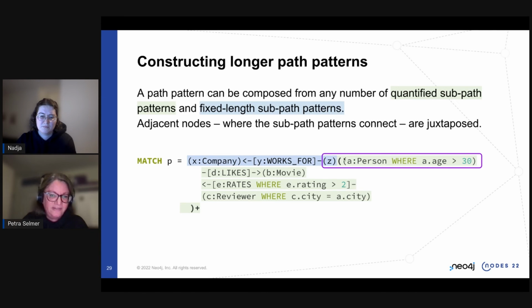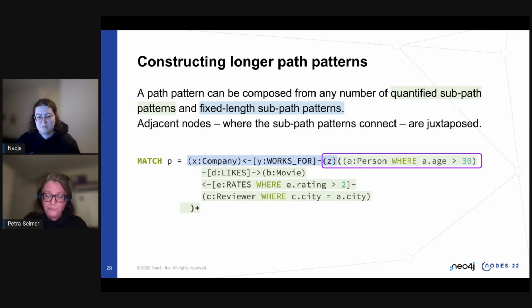But the caveat is that one or more of these node patterns needs to be inside a quantified path pattern. And effectively, that is required in order to anchor the path pattern. So what's going to go on over here, and we'll see an example in a short while, makes very clear that whatever Z matches needs to be exactly the same node as that matched by the first iteration of this A variable node.